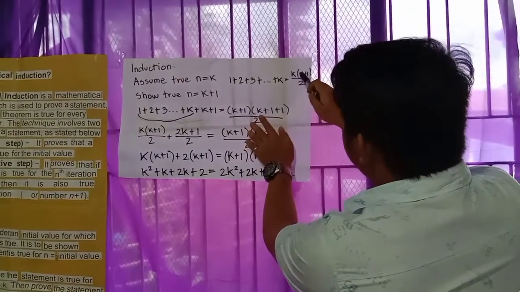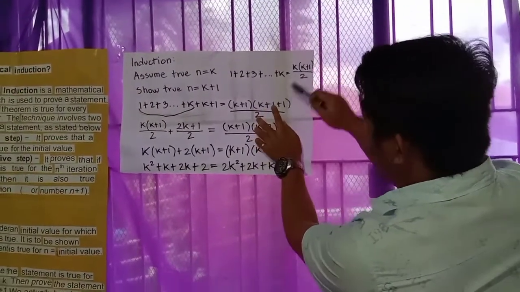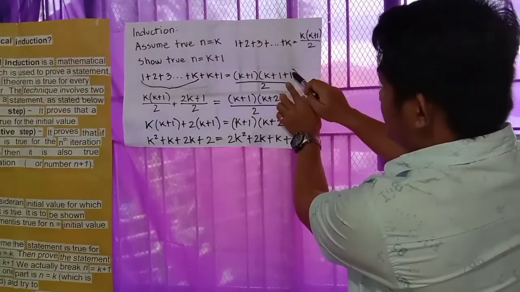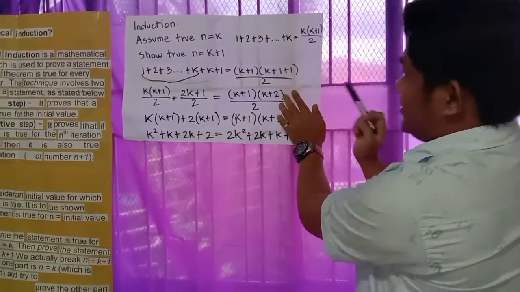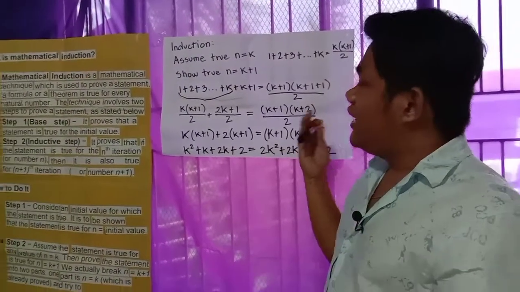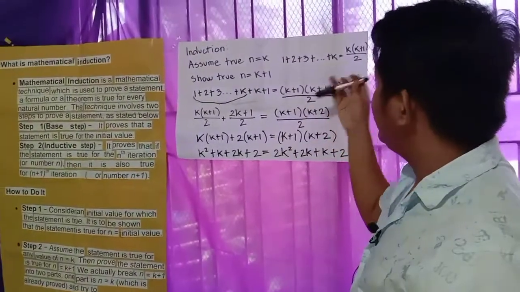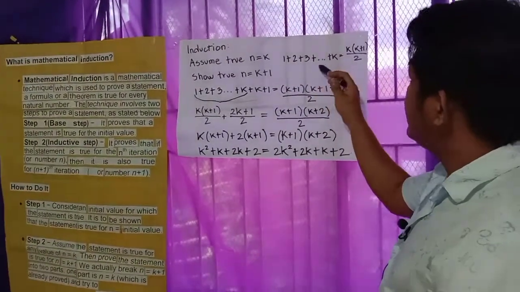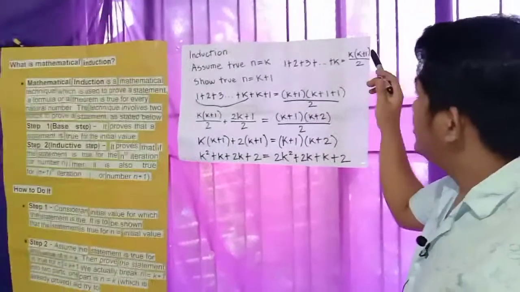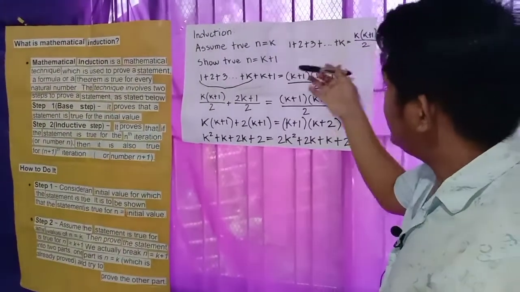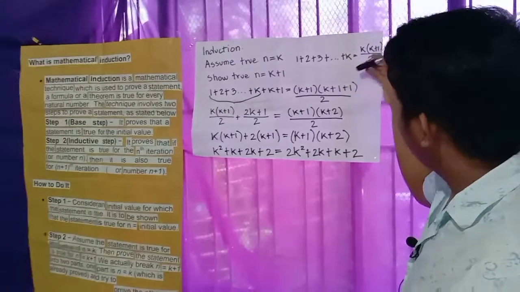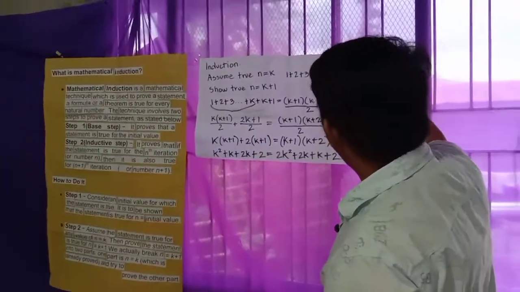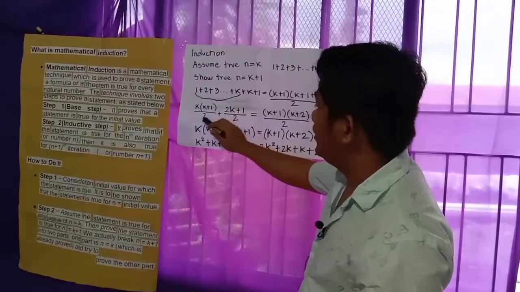So, next after k is k plus 1, an additional 1, which is 1 as well. So, the n becomes k plus 1, plus 1, copy the 2. Since what we need to prove is this side is equal to the other side, and since they are the same, equal to each other here, you need to copy this k plus 1, k plus 2 over 2 to here.